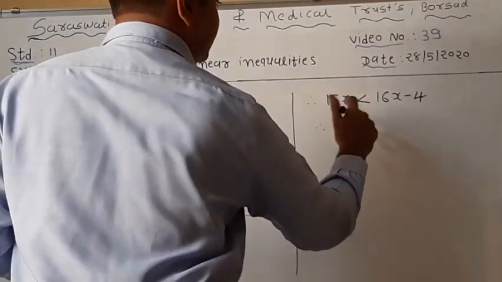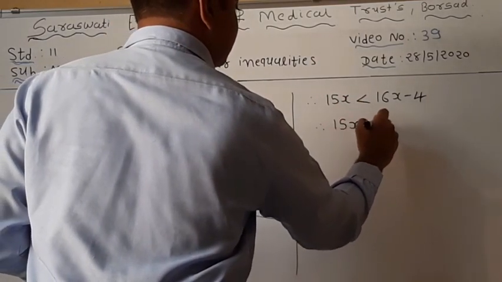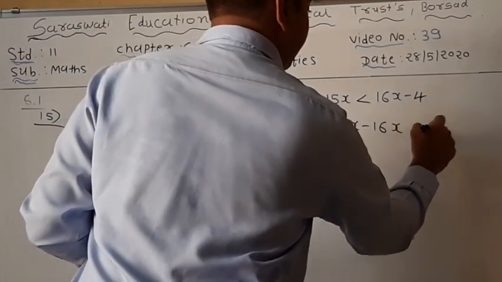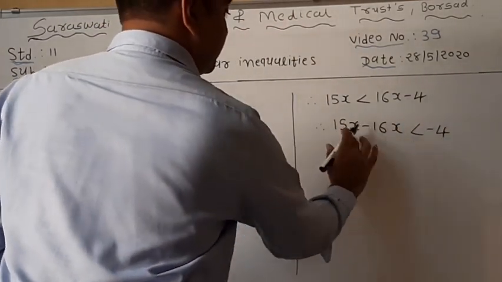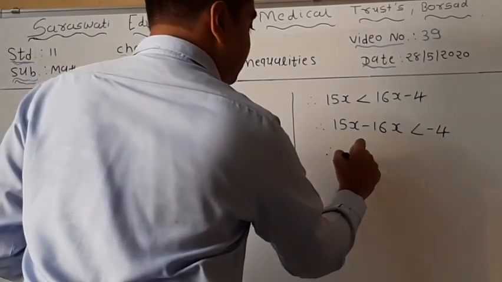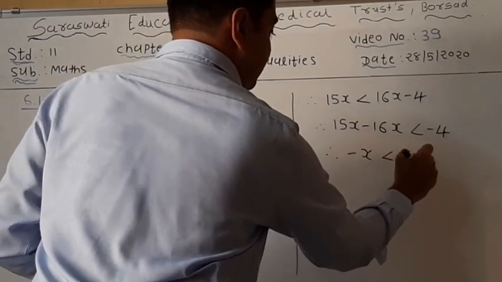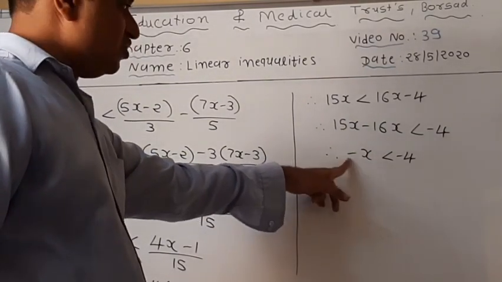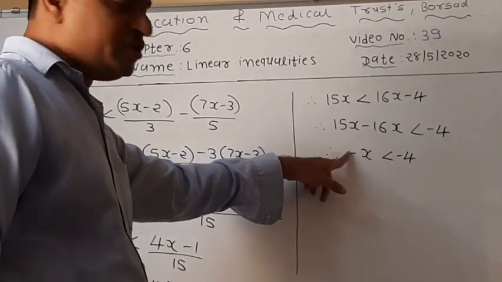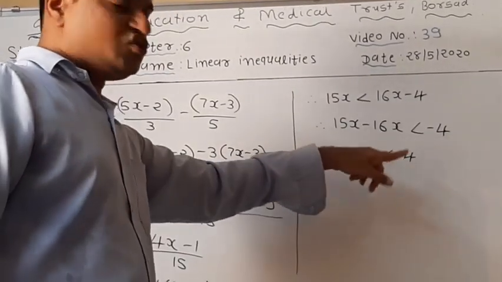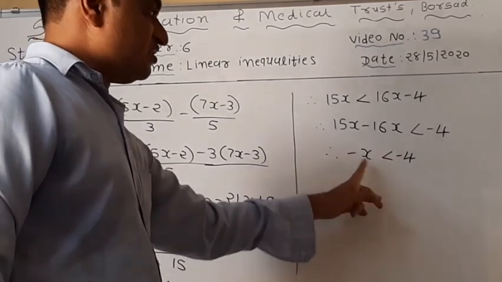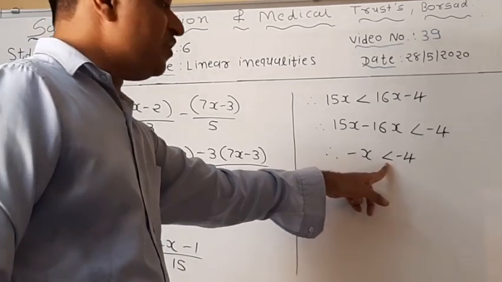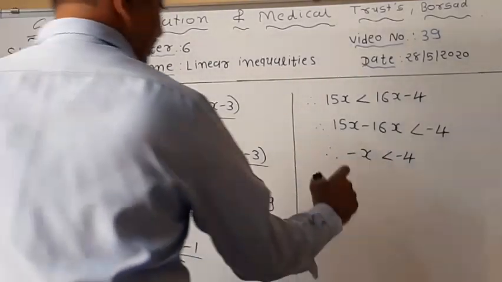So 16x goes to the left side, so change the sign. 15x minus 16x is less than minus 4. 15x minus 16x, that means minus x, less than minus 4. Here x is the variable and a minus sign is outside, so remove this minus sign: multiply both sides by minus, and the inequality changes.